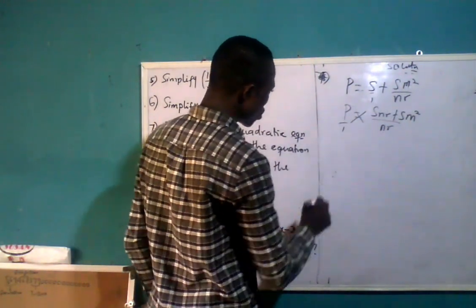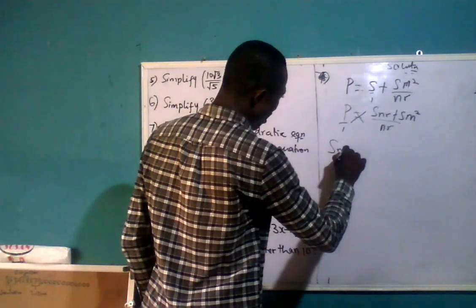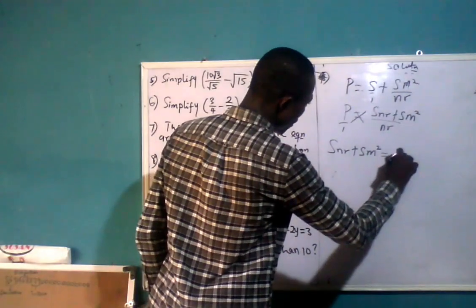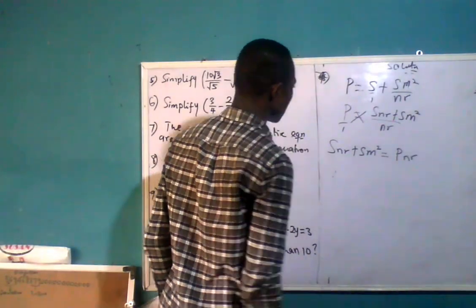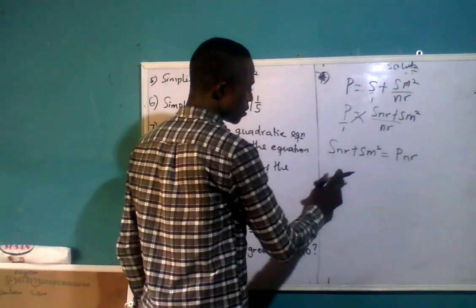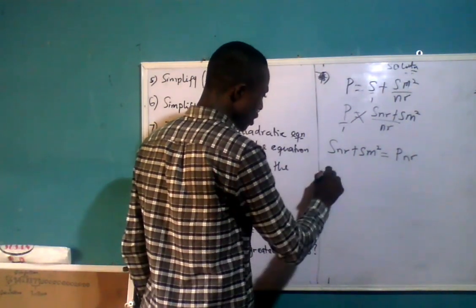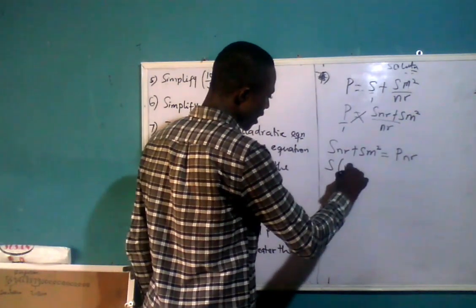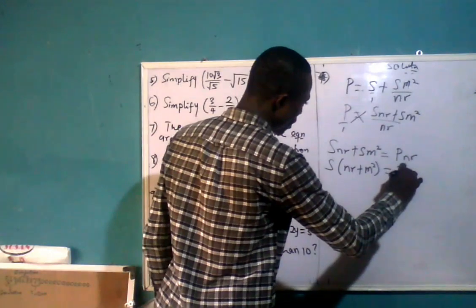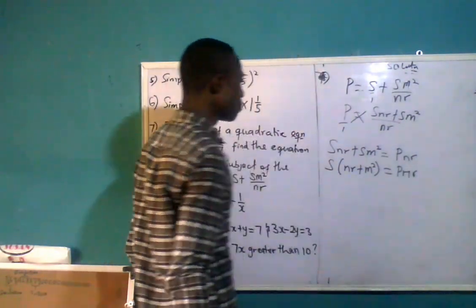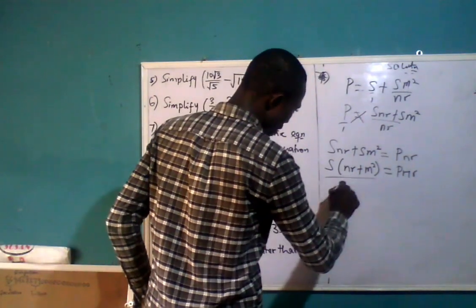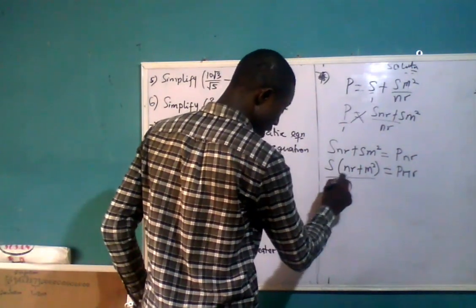If you cross multiply, you have SNR plus SM squared equal to PNR. And since you have S common in these two terms, just factor out S, so that you have S open bracket NR plus M squared close bracket equals PNR. Okay? At this level, just divide both sides by what you don't want on this side.